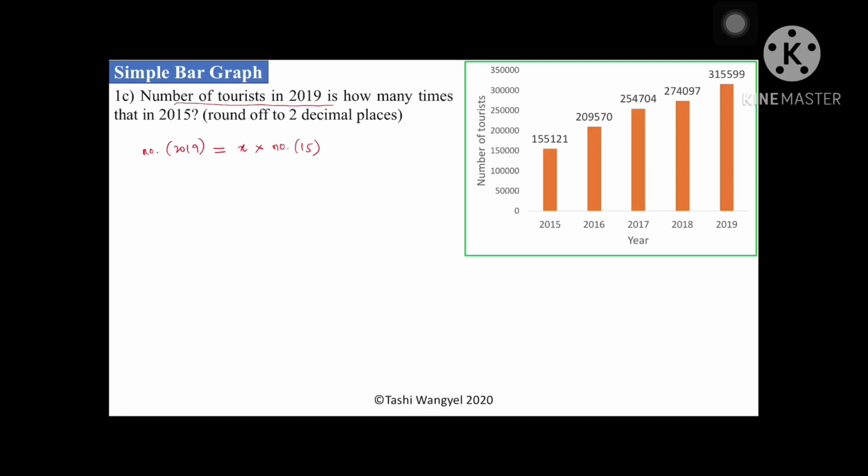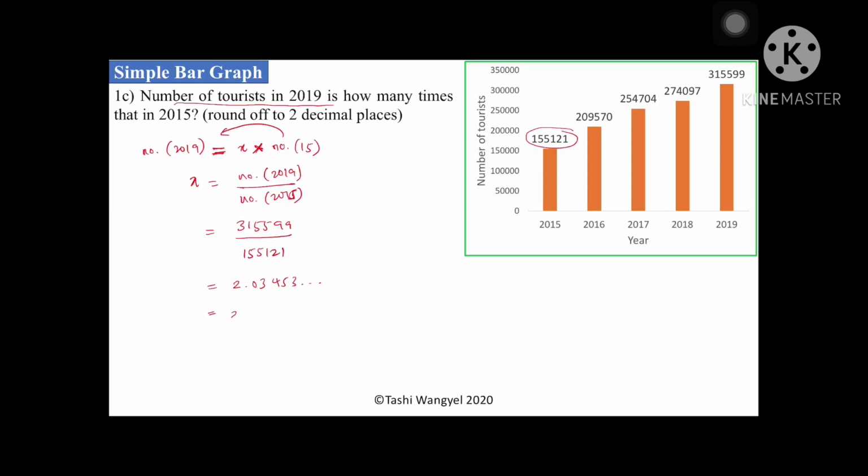The number of tourists in 2019 is x times the number in 2015, so x equals the number in 2019 divided by the number in 2015: 315,599 divided by 155,121.